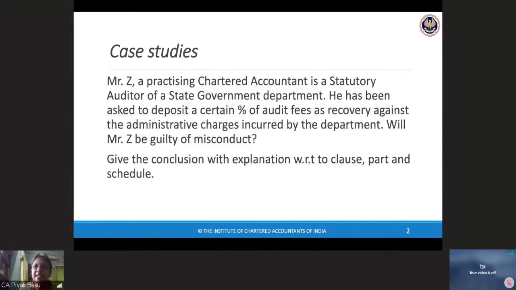But there are some cases where he will not fall under this misconduct, and this is one of such cases, where it is being taken as a deposit for the administrative charges incurred by the department. Okay, so he is not guilty of any misconduct under clause 2 part 1 first schedule.